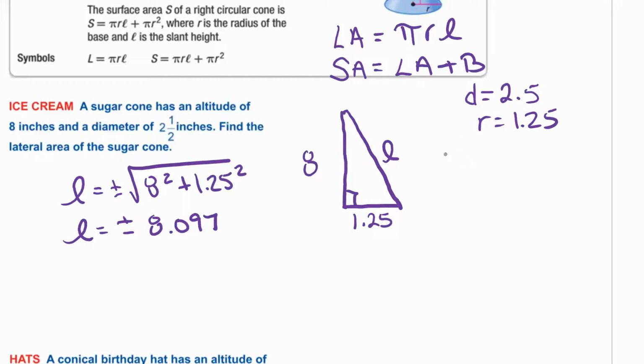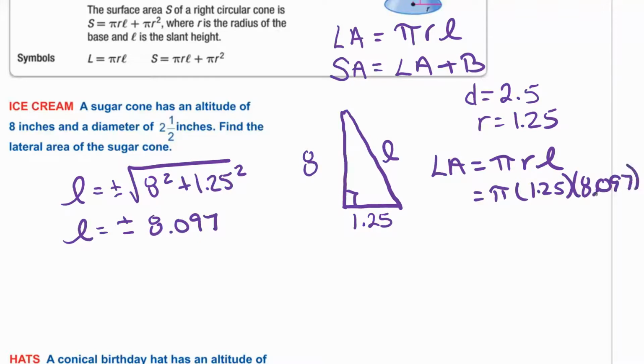To calculate the lateral area, the formula would be pi RL, which would be pi times the radius times the slant height. We would have a lateral area that's approximately 31.8 inches squared.